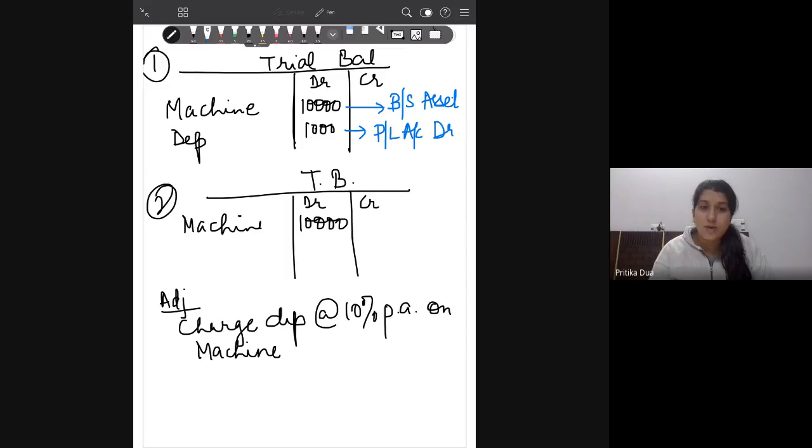Second case is when you are given machine as 10,000 and outside the trial balance you are given that the depreciation to be charged on machine is 10% per annum.